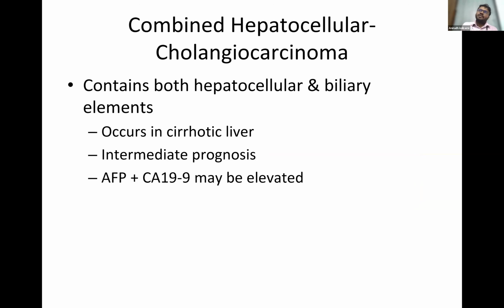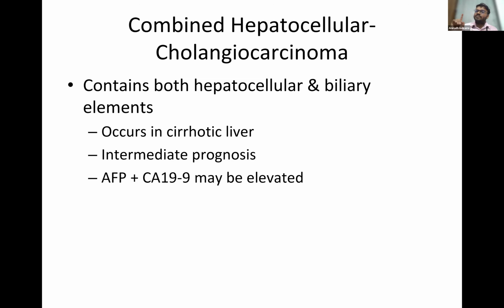Now, you can get in exam something called combined hepatocellular cholangiocarcinoma. Both are present. So how do we know? Hepatocellular carcinoma will show arterial hyperenhancement, but cholangiocarcinoma will show peripheral arterial enhancement.